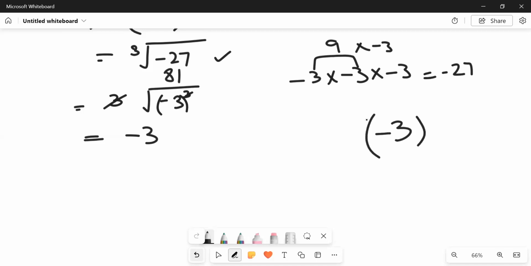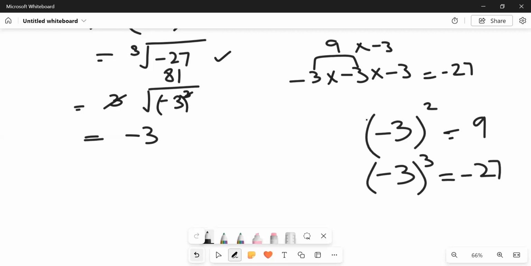If the power is even, the answer will be positive; if the power is odd, the answer will be negative. So this is the difference between even and odd powers of negative numbers. Here we have odd power 3, so that's why it is minus 3.